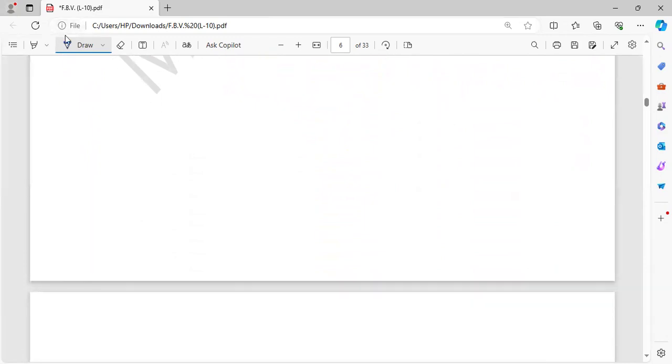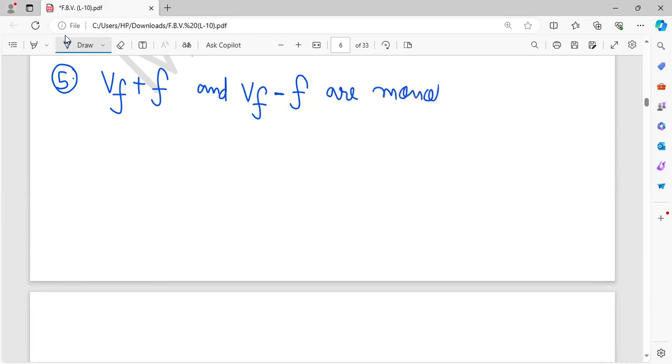Now property 5. V_f plus f and V_f minus f are monotonically increasing functions.